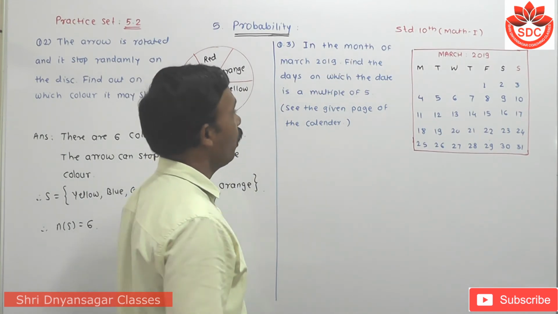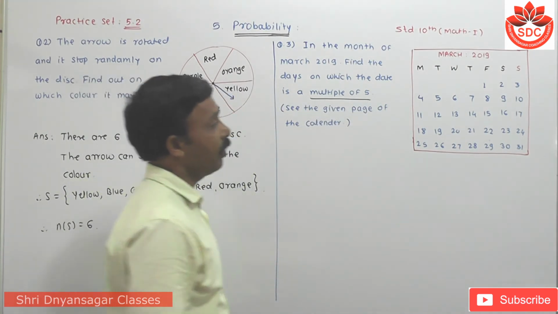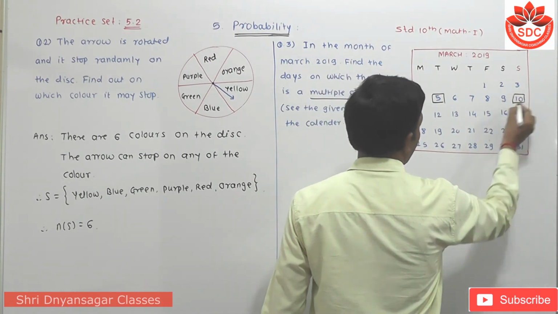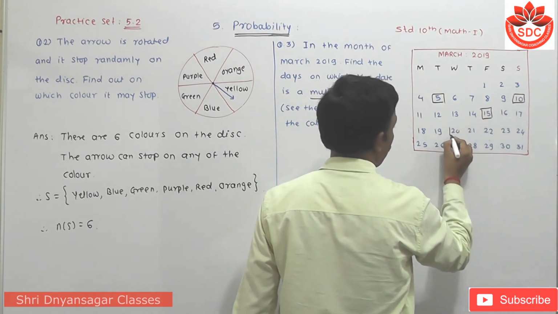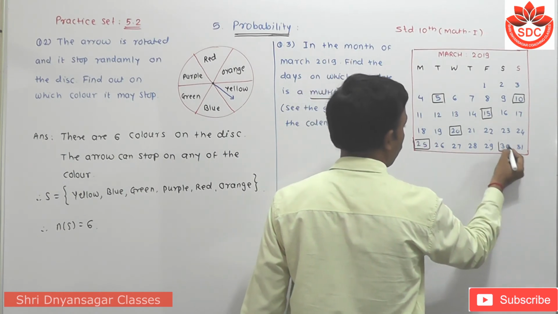Now we have to find the multiples of 5: 5, 10, 15, 20, 25 and 30.